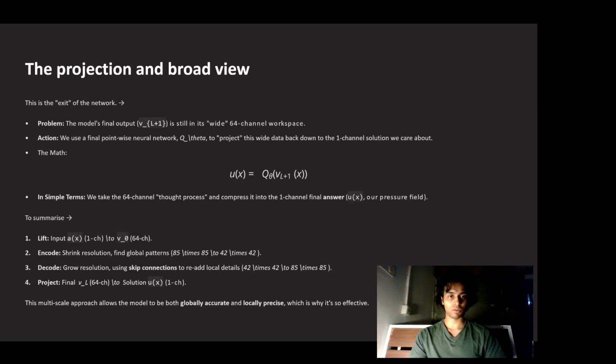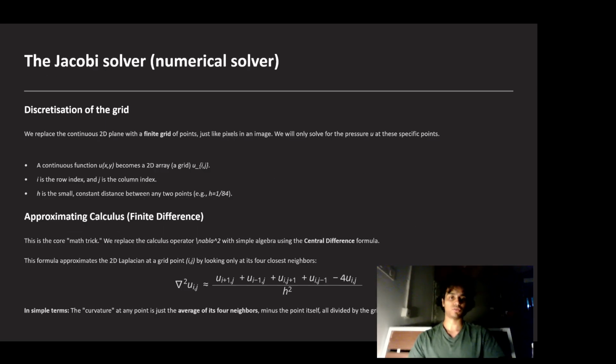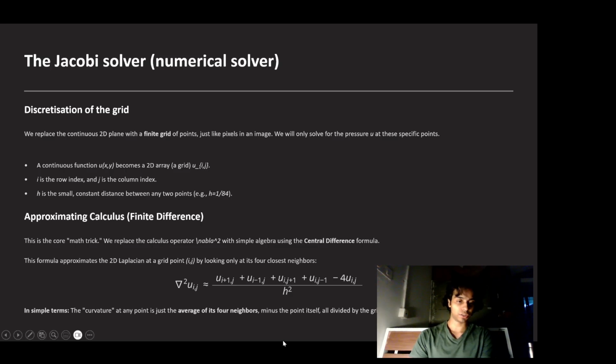Right. So now back to the numerical solver. Now we're going to check how the numerical solver, which is the standard method, solves the Darcy flow equations in order to get the perfect solution, so to speak. It uses something called finite difference, which is very similar to a Newton-Raphson method. As you can see, this formula approximates the 2D Laplacian at the grid point by looking only at its four closest neighbors: top, down, side, side.